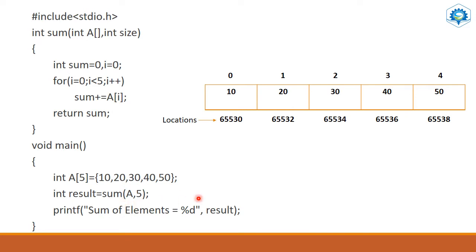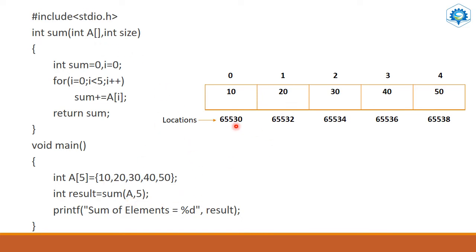Now when we look at the function sum, we have A, that is the name of the array, as the argument. Actually, when arrays are passed as arguments or parameters to a function, the first address of the array will be passed to the function.